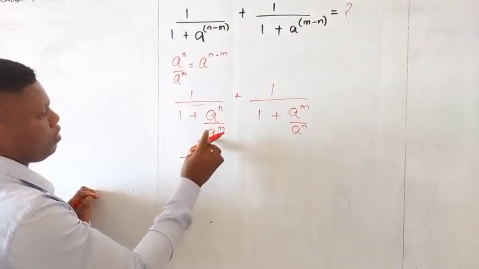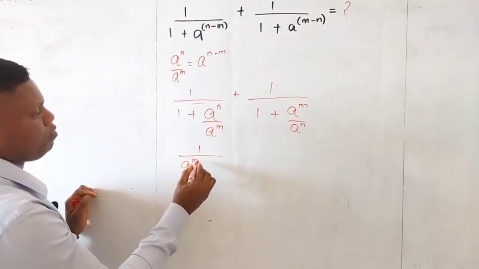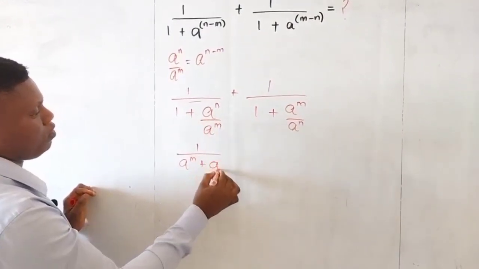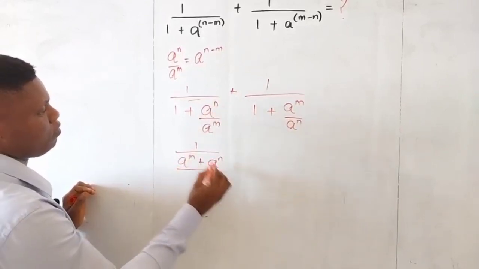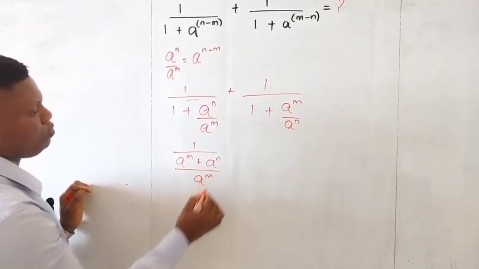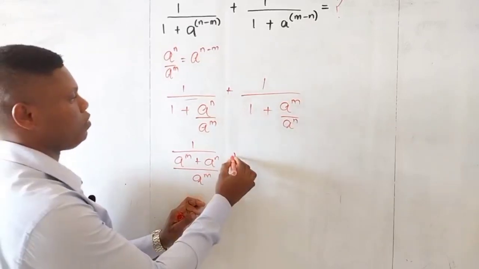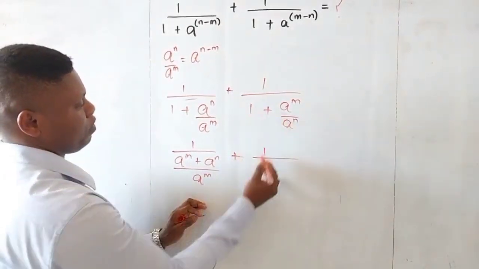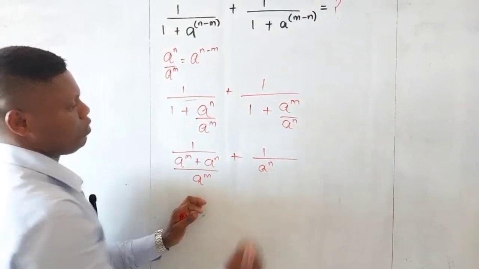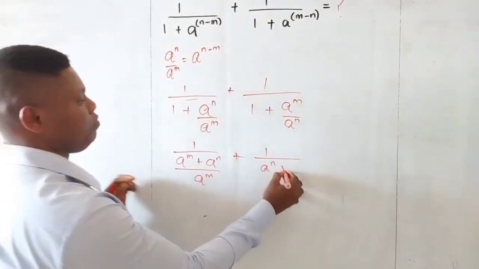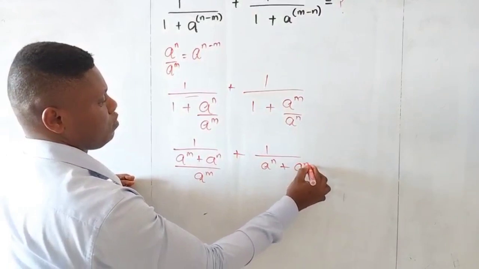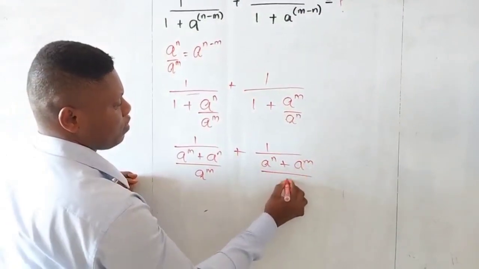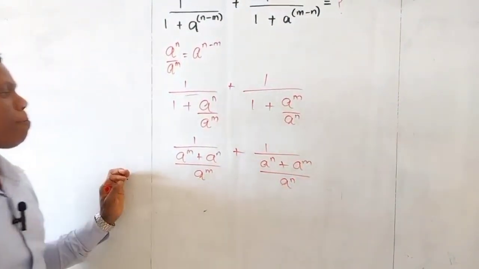This is 1 over a times 1 will give me a raised to the power of m, and plus a raised to the power of n divided by a raised to the power of m, and plus 1 over, do the same thing, 1 times a raised to the power of n will give me a raised to the power of n, then plus, divided by a raised to the power of n.